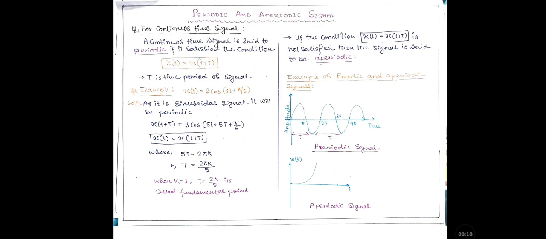According to this condition, it is satisfied when 5T is a multiple of 2 pi. Then T = 2 pi k/5. When k = 1, T = 2 pi/5 is called the fundamental period. But when this condition is not satisfied, the signal is said to be aperiodic.